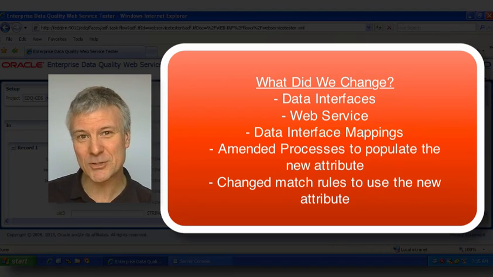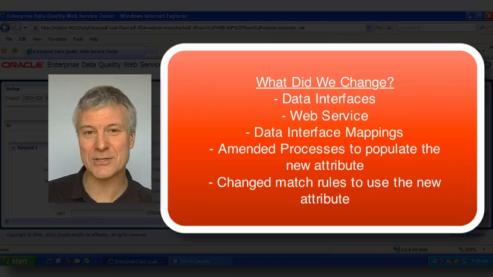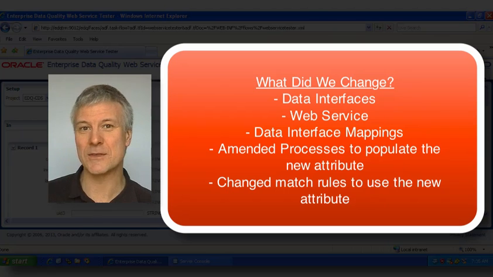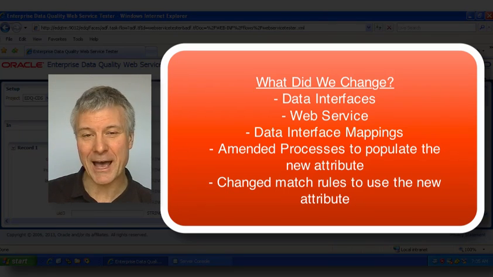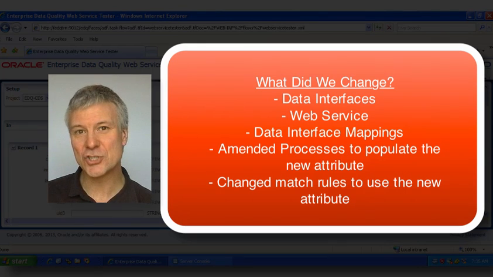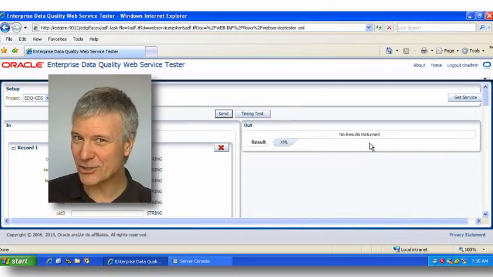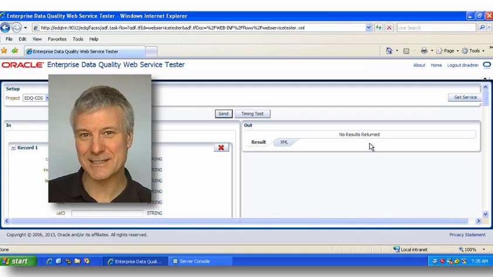We changed the mapping between the web service and the data interfaces. We made sure those data interfaces were populated in each process within the job up to the point of matching. And then once we'd done that, we could actually adapt our matching processor to use our new attribute. So there we go. That's how you can go about customizing and tailoring a CDS service.